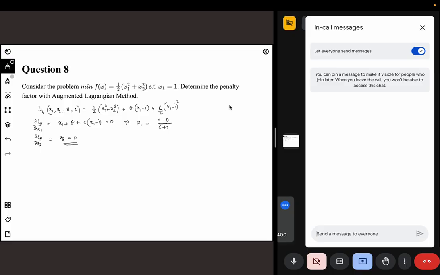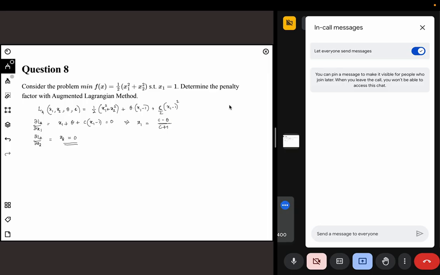Now you can see here, again, this will also change with respect to c and theta, but I do not know the value of theta. How will I find the value of theta?